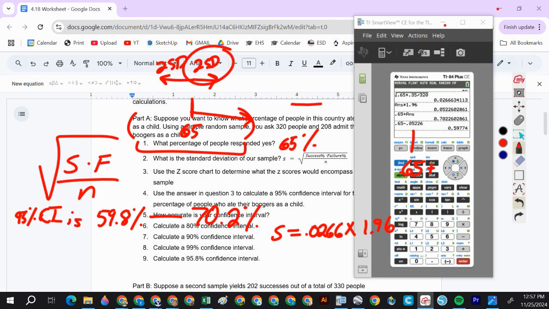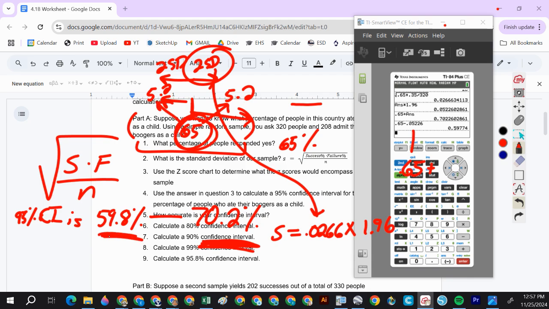It's going to be 2 of those. And it's actually 1.96. So my standard deviation times 1.96 is 5.2. So I need to go right 5.2, and I need to go left 5.2. So 65 plus 5.2 is 70.2, and 65 minus 5.2 is 59.8.